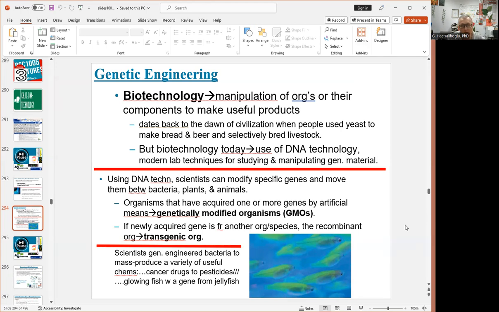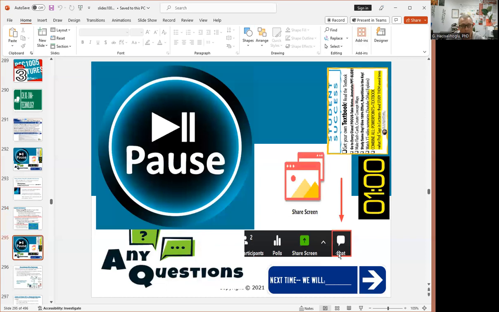A GMO is an organism that has acquired one or more genes by artificial means. It's called a GMO, genetically modified organism. If the new gene comes from another organism or species, that becomes a recombinant organism, and this is called a transgenic organism. Like you see in this picture, scientists genetically engineer bacteria to mass produce a variety of useful chemicals like cancer drugs, pesticides, and glowing fish like you see here, with a gene from a jellyfish added to this fish and it's glowing.